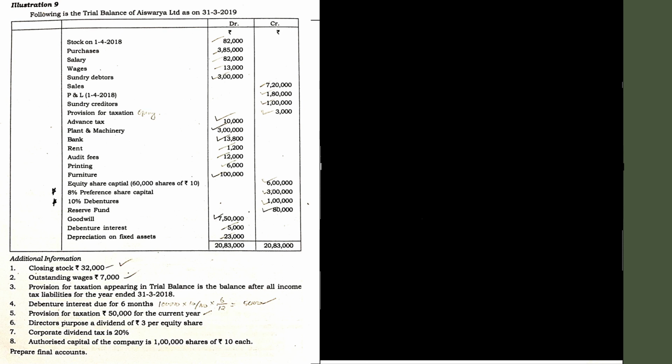Items are given, particulars, amount, debit side and credit side amount, and there are some adjustments regarding that: closing stock, outstanding wages, provision for taxation, debenture interest, provision for tax, directors' proposed dividend, corporate dividend tax, and authorized capital.